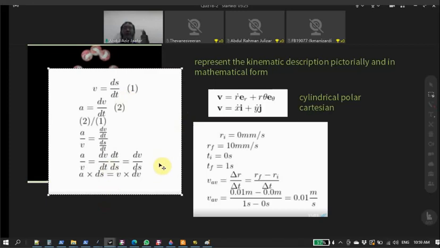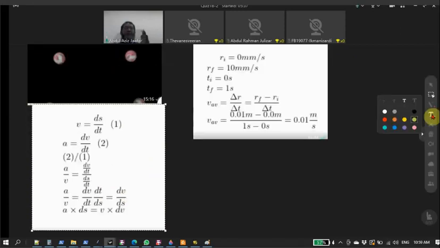And this is the way that we can define the velocity and acceleration in S coordinate system. Normally you use this S coordinate system for particle, right? This is the velocity. You have the distance traveled divided by time, and then we have the velocity divided by time.